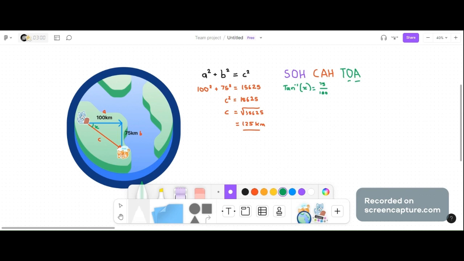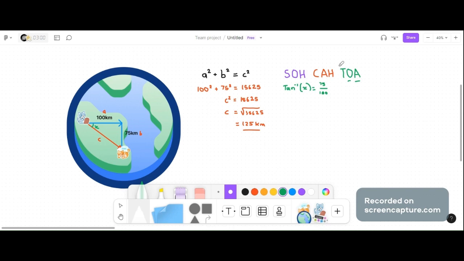If you want to try on your calculator while I try on mine. You won't be able to see it, but I am currently calculating it. So we want 75 divided by 100. Actually, I will show you what I'm doing because it is a little bit weird.